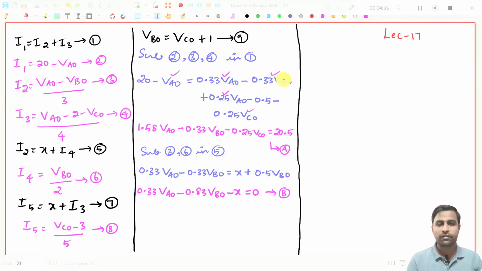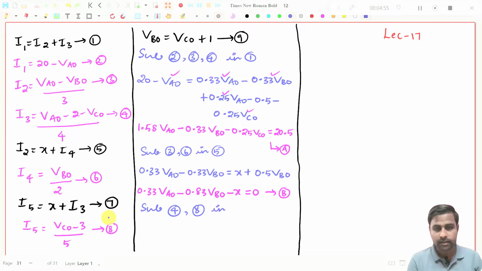Next, we will substitute I5 and I3 in expression number 7. So I will write here: substitute I3, expression number 4, and I5, expression number 8, in expression number 7. So what will I get now?